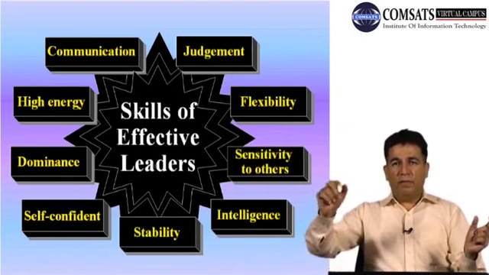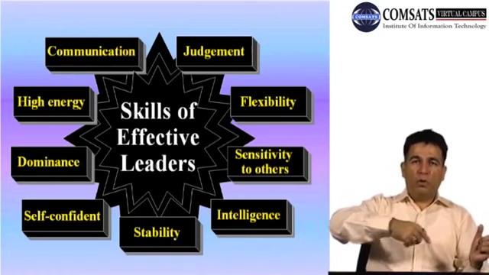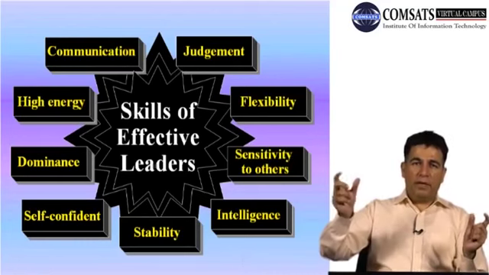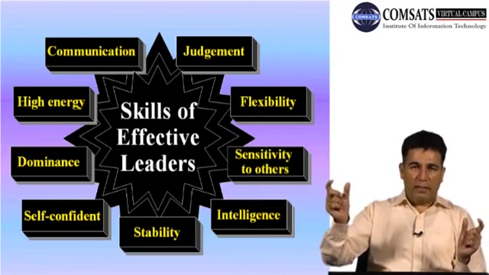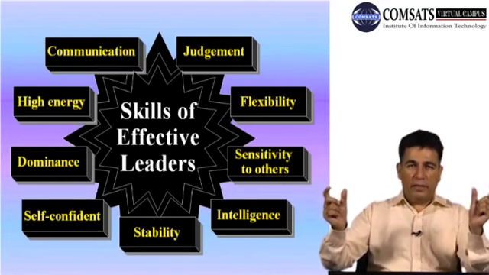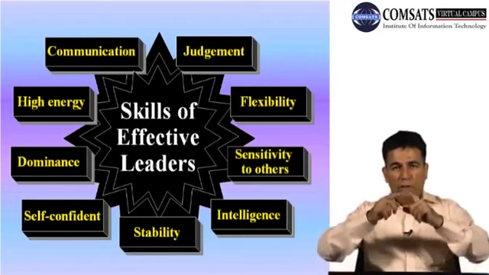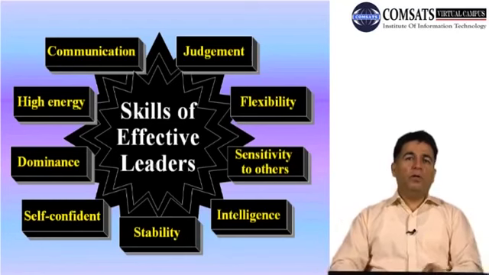The receiver then gives feedback. If that feedback is positive, it means that the receiver is able to understand the message and the sender is able to convince the receiver. This is called a communication process.